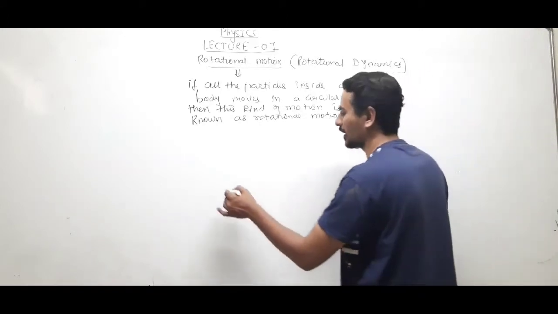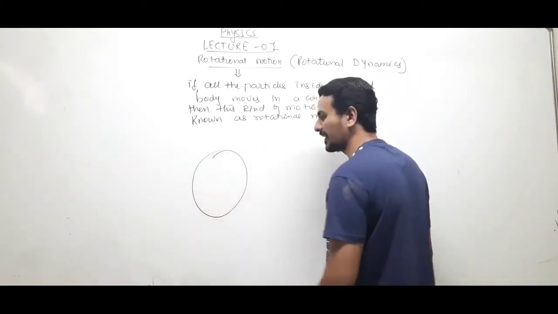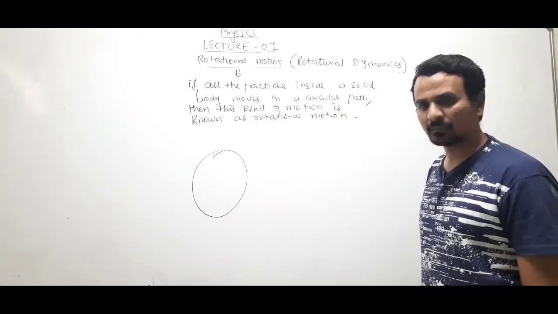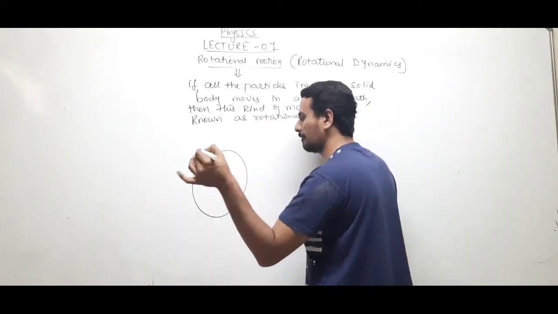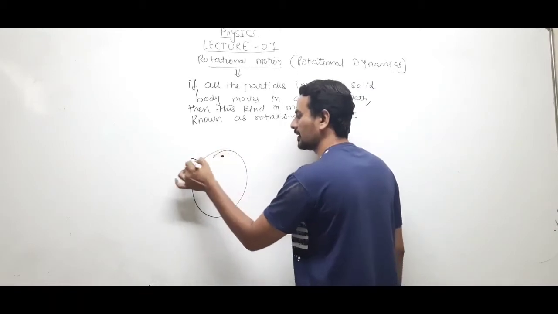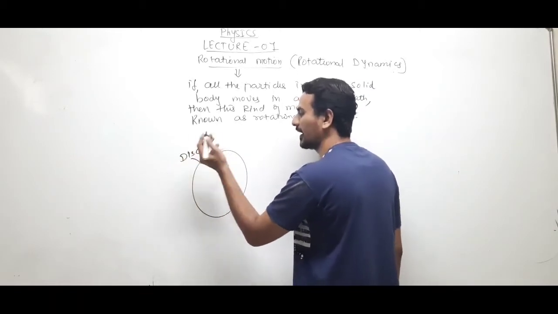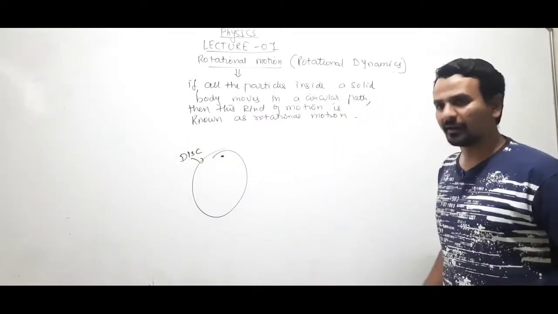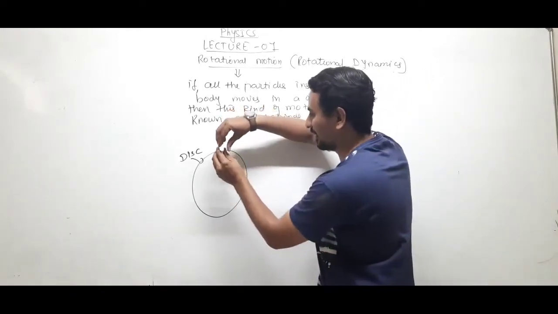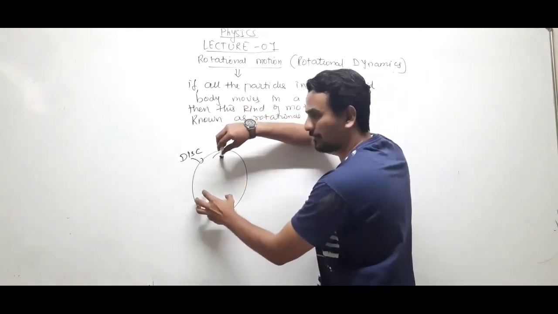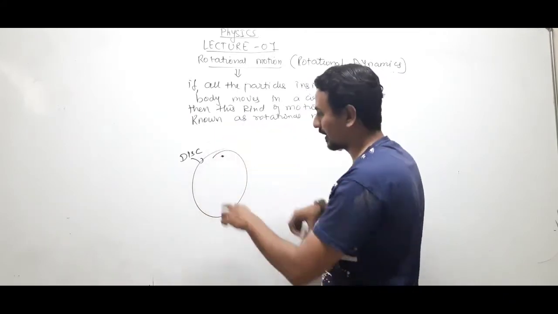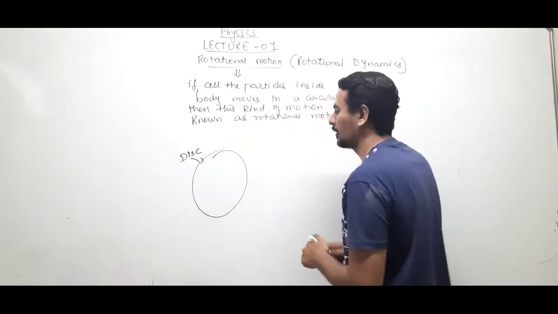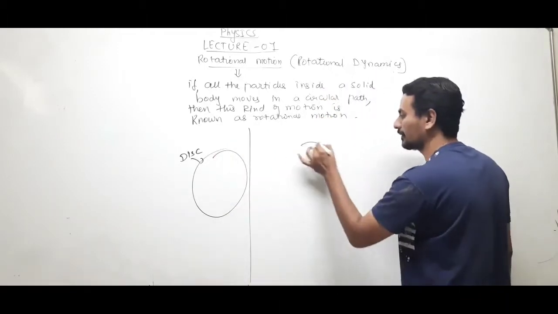Let me say I am taking a disc. I am fixing this disc. Any body, you can take any body. Let us take ring or disc, whatever you want. The body is being fixed from this axis. If you are not getting this point, we can consider this one also.